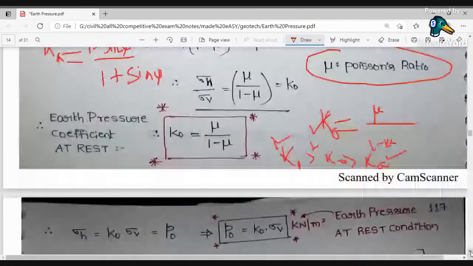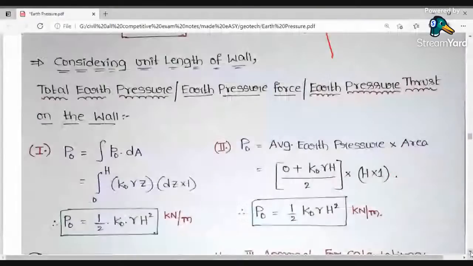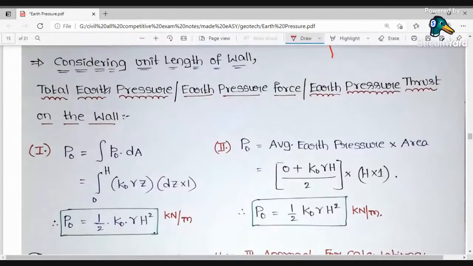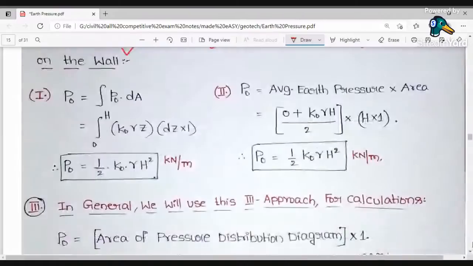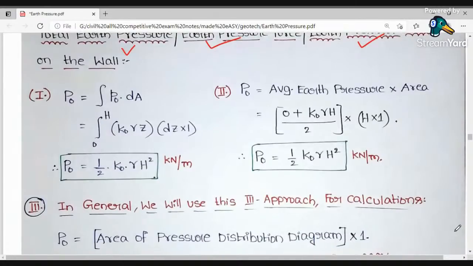So next we'll move to some derivations of total earth pressure force, earth pressure thrust on the wall. So how to determine the earth pressure thrust on the wall? We can determine the earth pressure thrust using 3 ways.